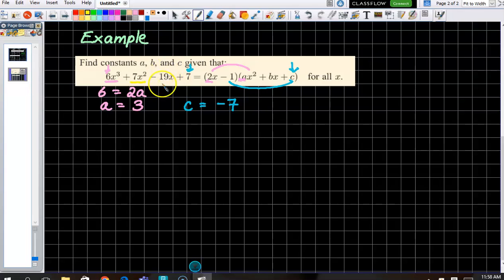You could look at the minus 19x, but I'm just looking at the next one. No right or wrong here. So I say I'm looking at x squared. The coefficient of x squared on the left-hand side is 7. What is the coefficient of x squared on the right-hand side?